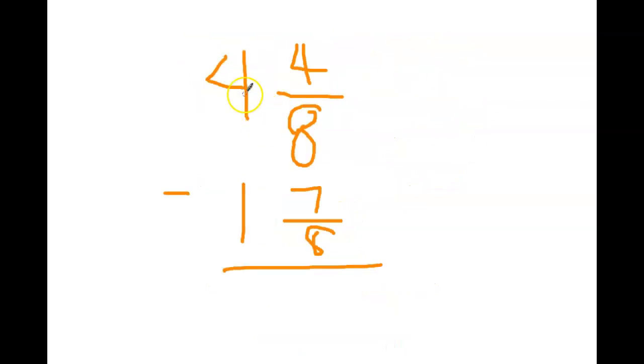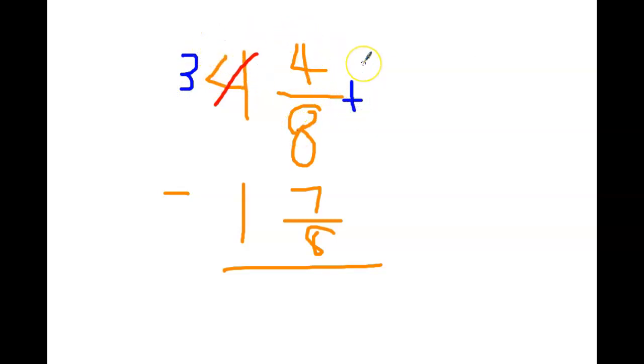So we're going to do one together. 4/8 minus 7/8. I know that 4 is smaller than 7. So that means I cannot just subtract this regularly. I have to borrow a whole. So I'm borrowing from the 4, and my 4 turns into a what? Excellent. My 4 turns into a 3. And then I am going to add a whole to this 4/8.